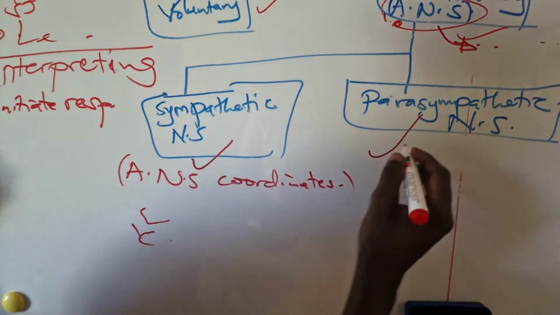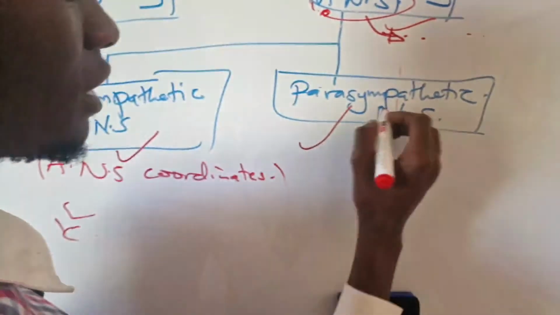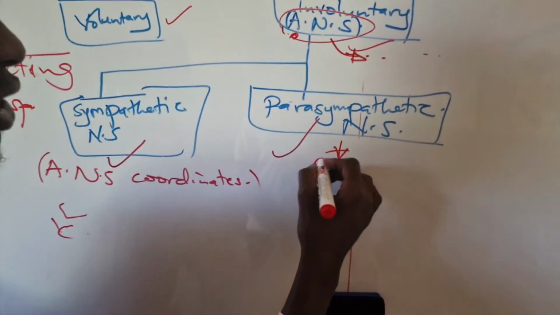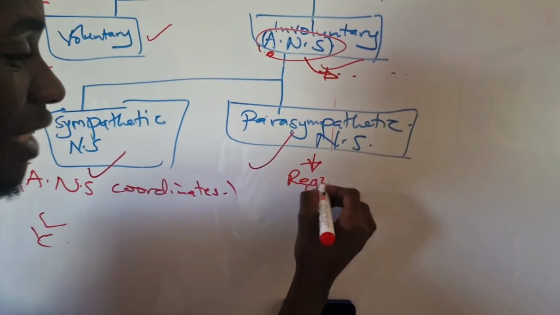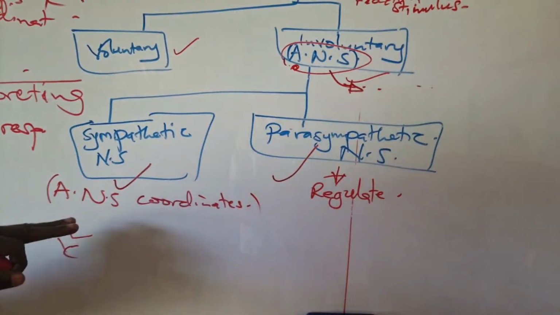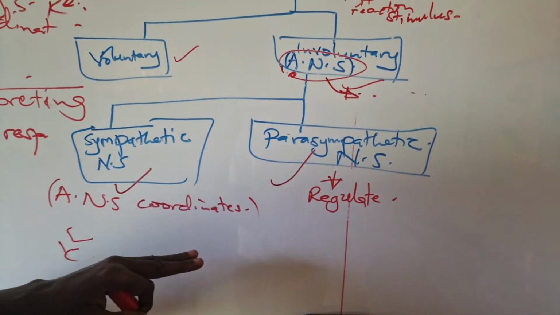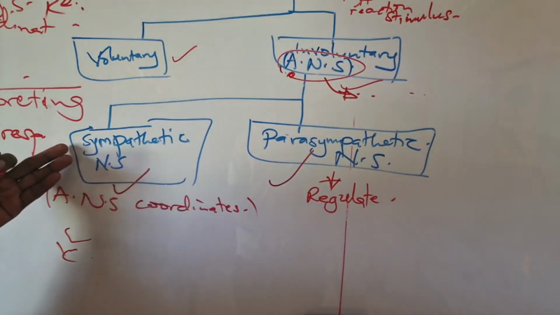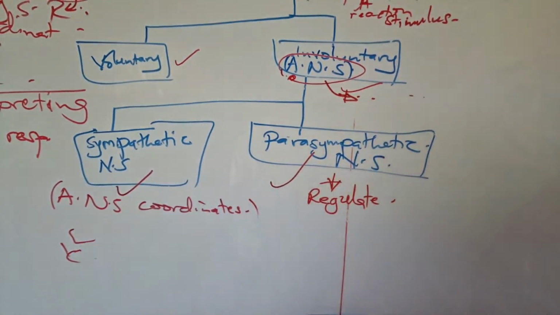And then the parasympathetic nervous system will come in to regulate all of the involuntary actions by doing the opposite of what was caused by the sympathetic nervous system.